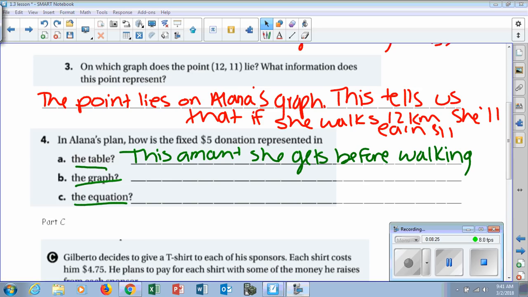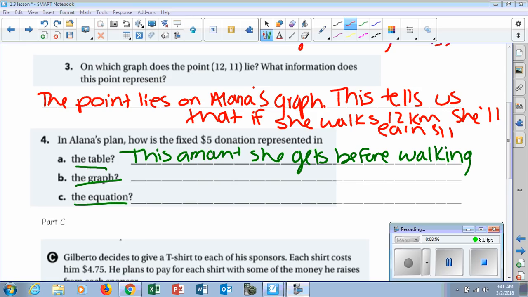Let's come back together and let's look at the graph part first. So Sam, can you share with us how you were able to see that the fixed $5 donation, how it was represented for the graph? How were you able to determine that, where the fixed $5 was? Yeah, do you want to help her out?